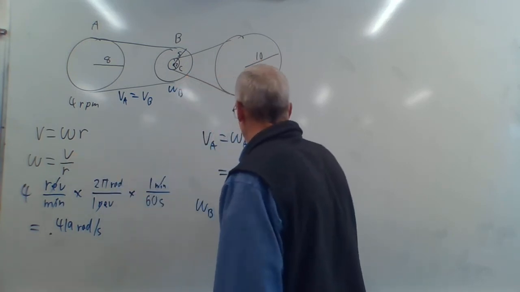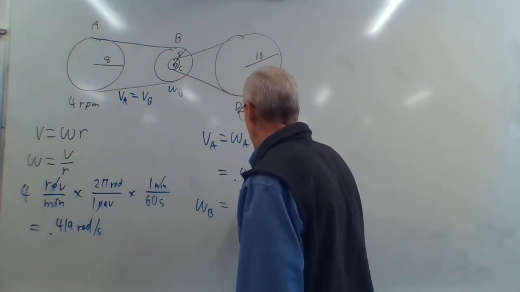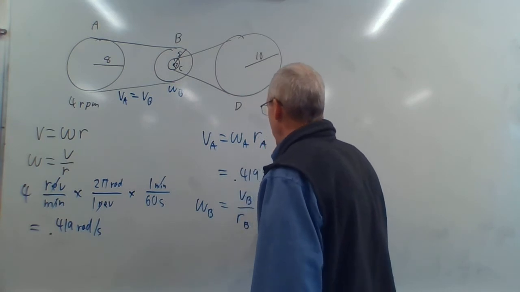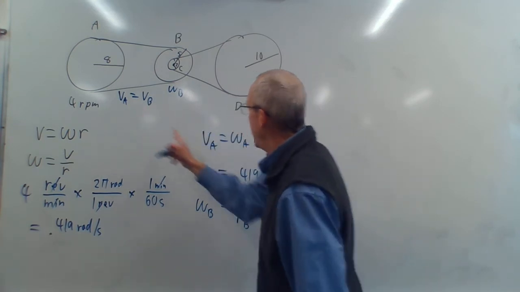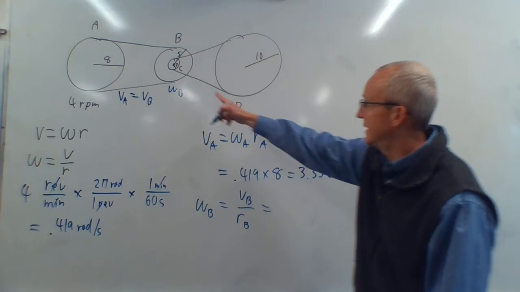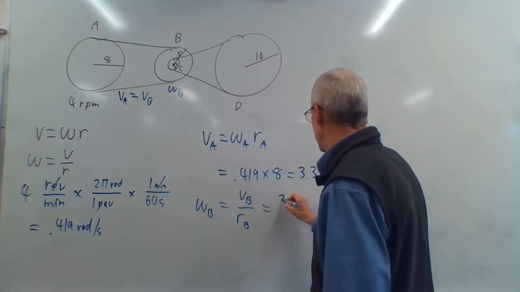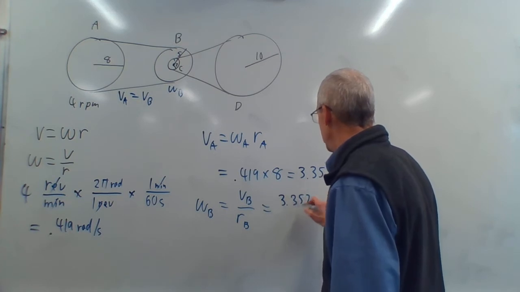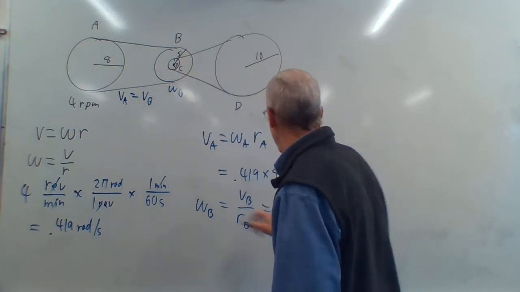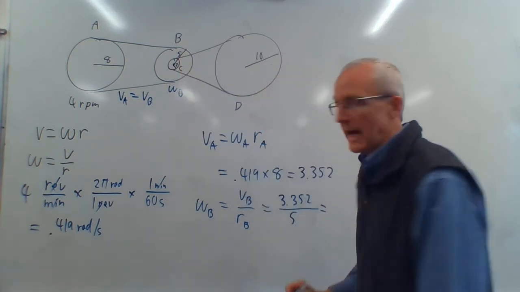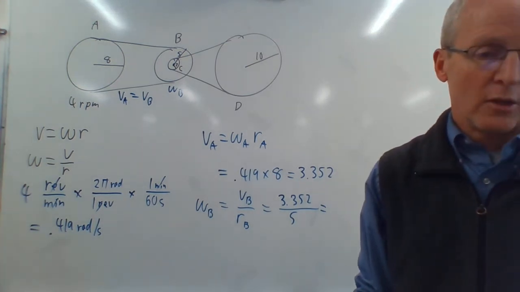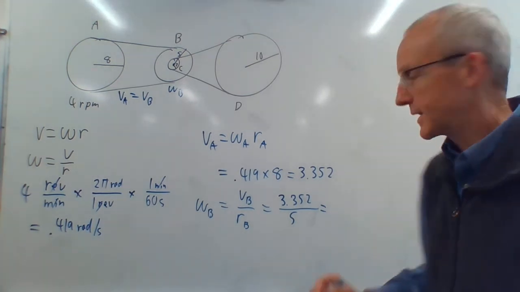Now I can figure out omega B, how fast B is spinning, because omega B is equal to V of B divided by the radius of B. And V of B is equal to V of A, because they're connected, right, as we just said. So 3.352 divided by B, which is 5. So you do that, and I got omega B was 0.67.